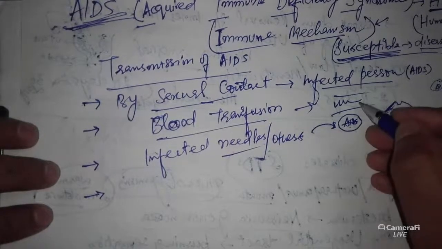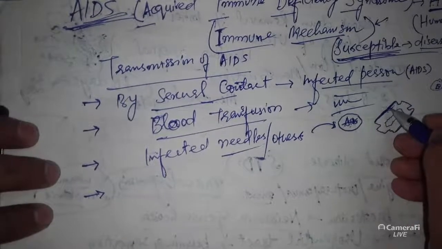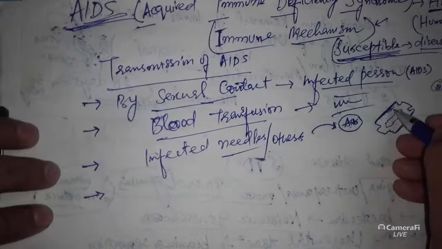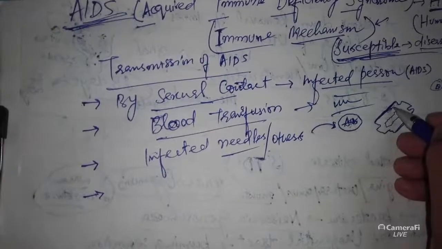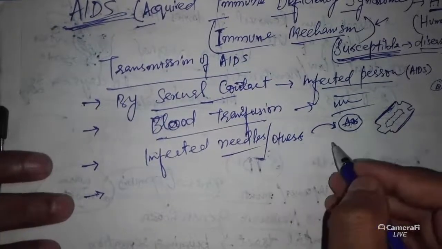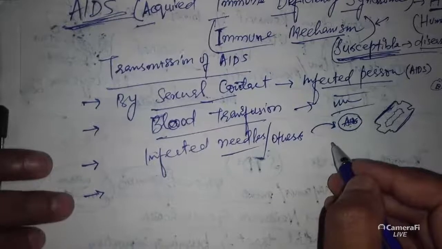If the same razor is used for a healthy person, where there is an injury, then because of that injury and the infected blood, the healthy person can also get infected.